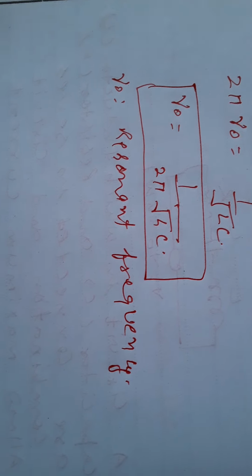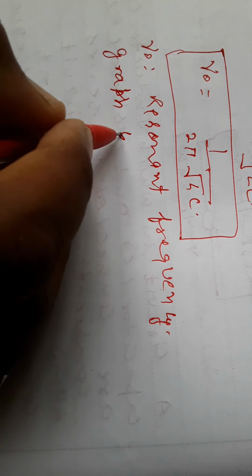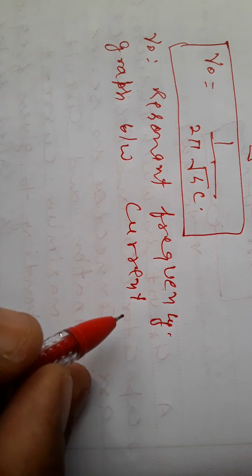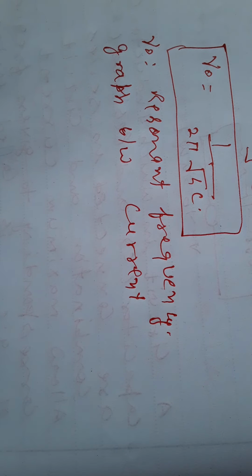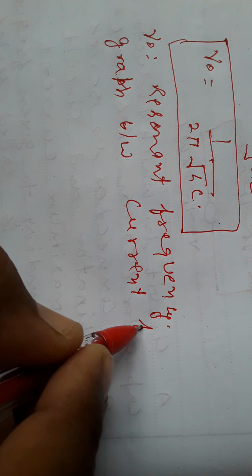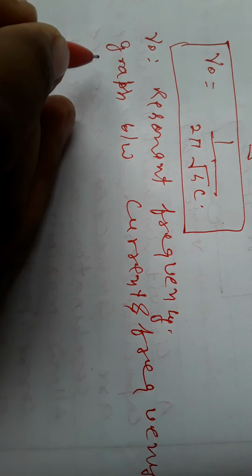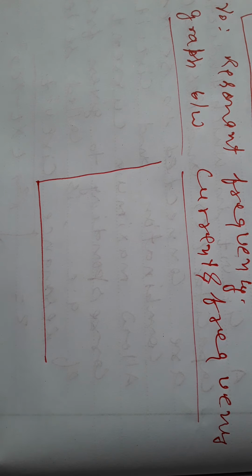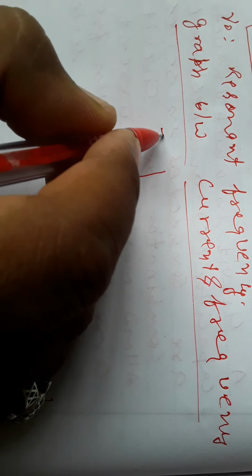If we plot the graph between current and frequency, this is omega, this is current.